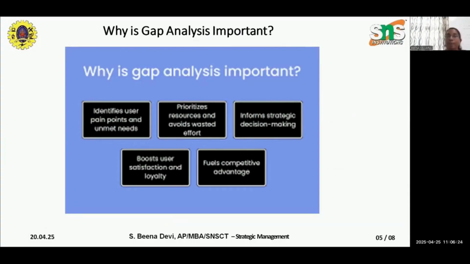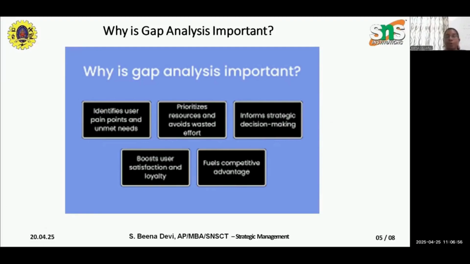Next, it helps prioritize the resources and avoid wasted effort. Then it informs strategic decision making: what strategies need to be framed to improve performance and reach where the organization wants to be. For attaining that goal, we look at what is currently lagging, and for bridging the gaps, what strategies need to be designed.